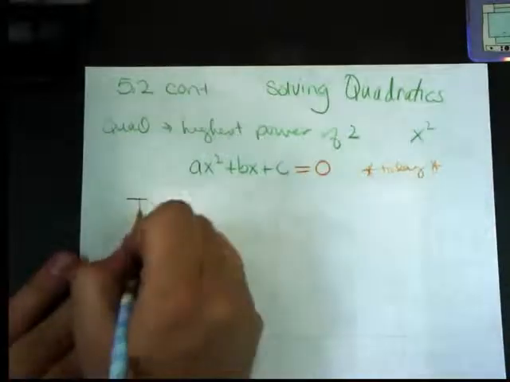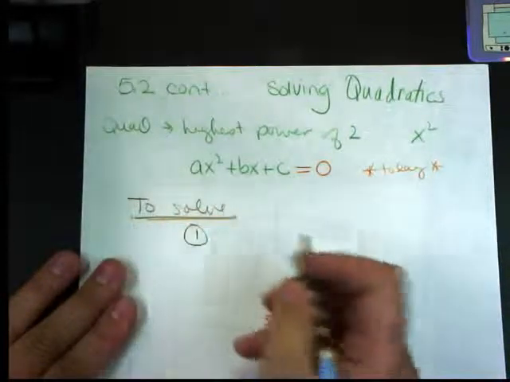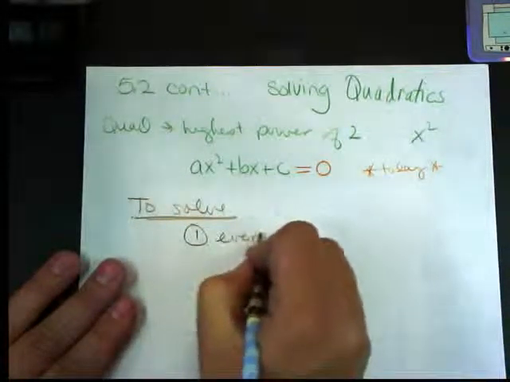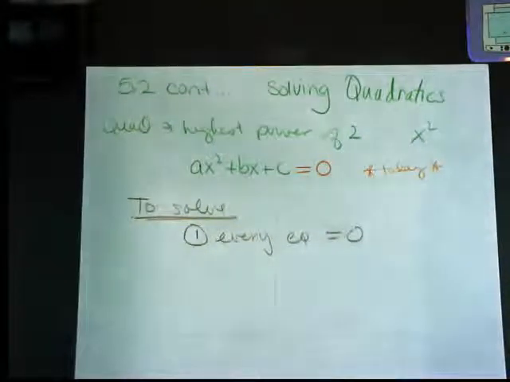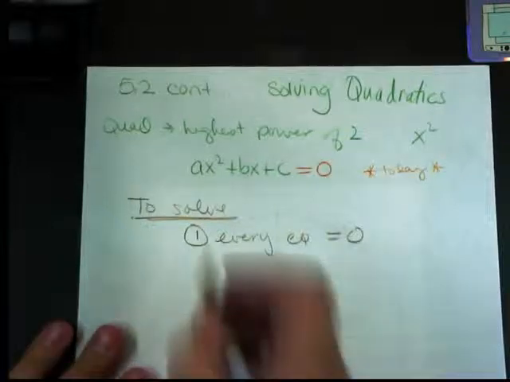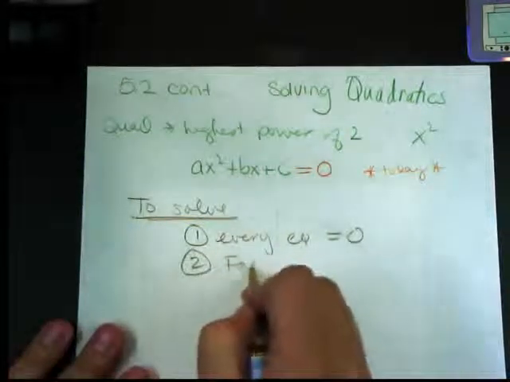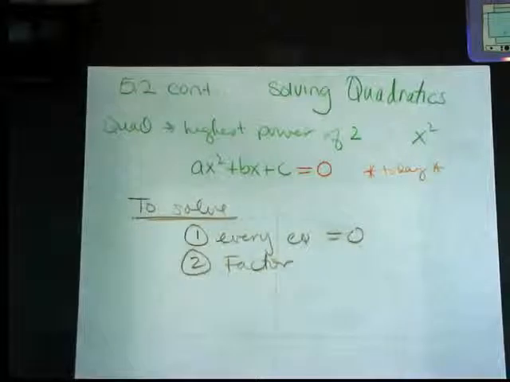every equation, the very first thing is every equation must equal 0. If it doesn't equal 0, you can't solve it. It has to equal 0. Then we're going to factor, and we're going to factor all of the methods that we've been working on.